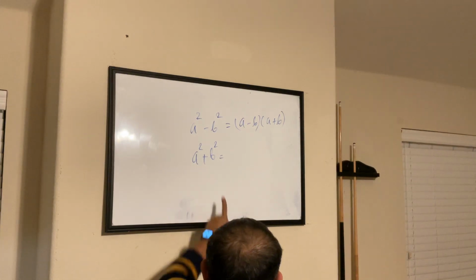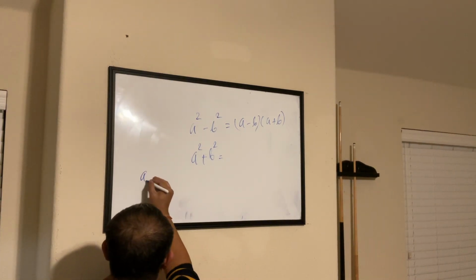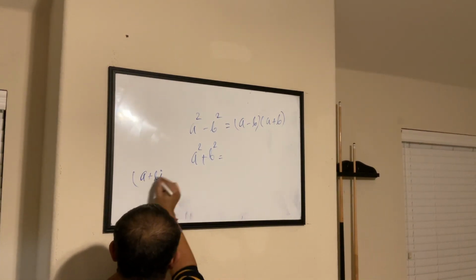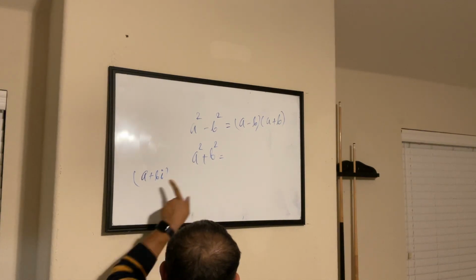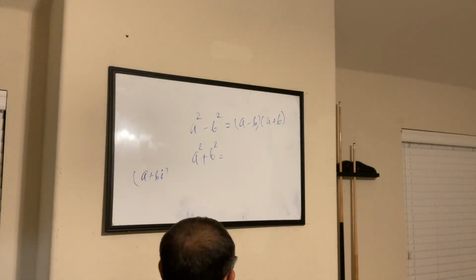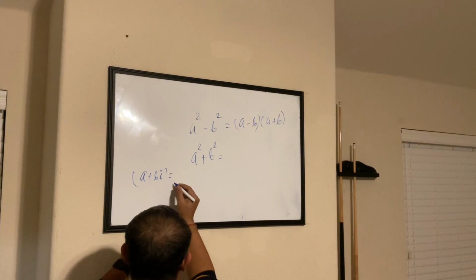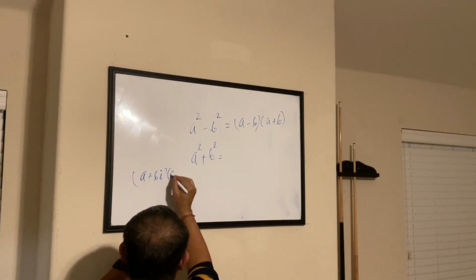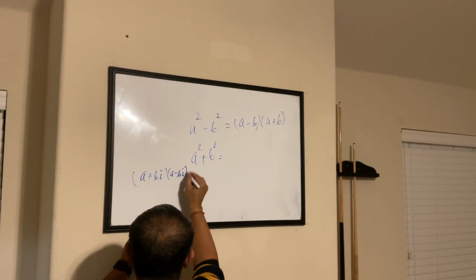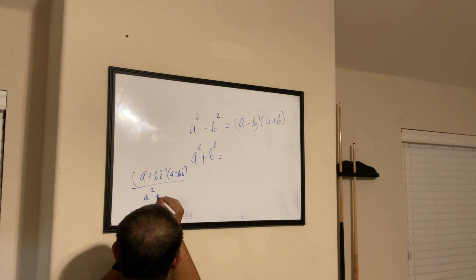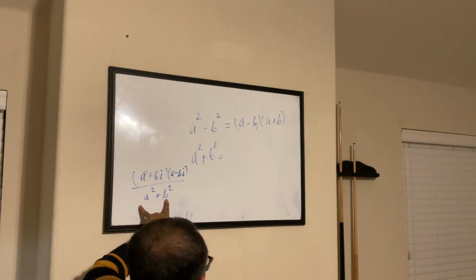Now, we just saw a plus bi. And again, don't think this a and this a are the same. We are just relating things, okay? A plus bi, a complex number multiplied with its conjugate, gave us a square plus b square. And again, this is a generic scenario.